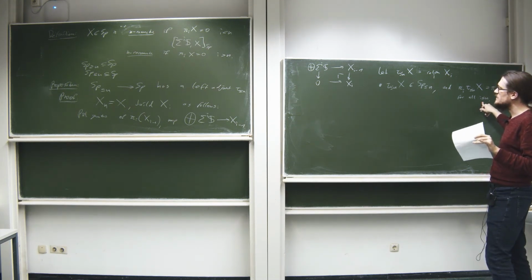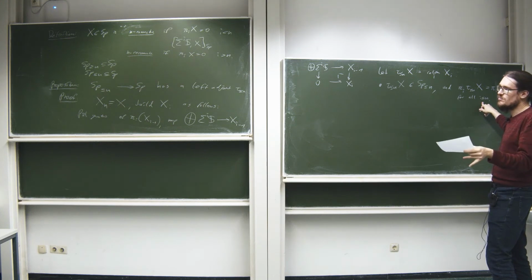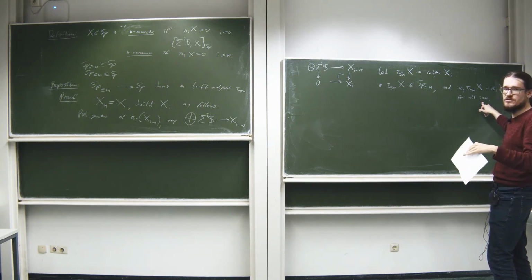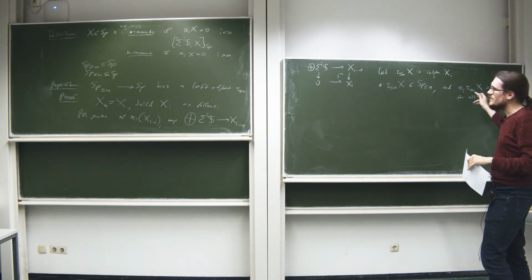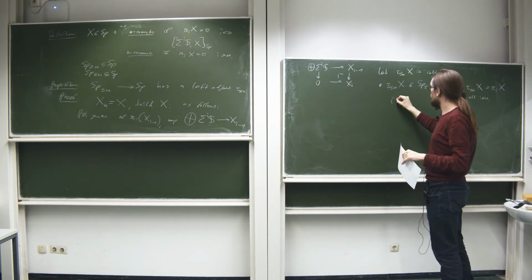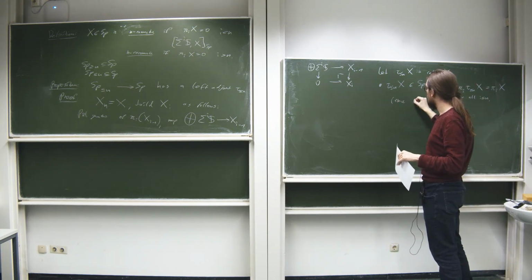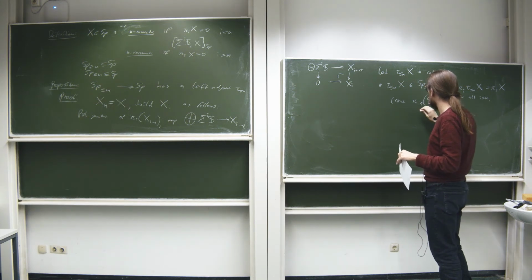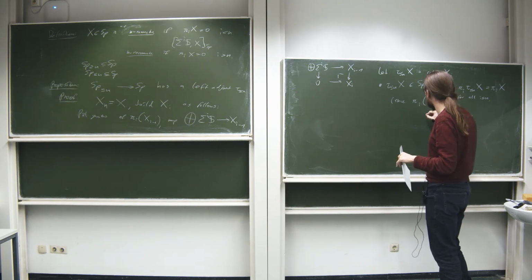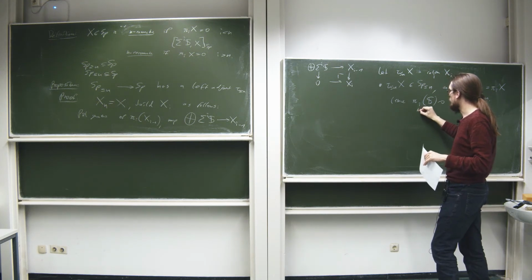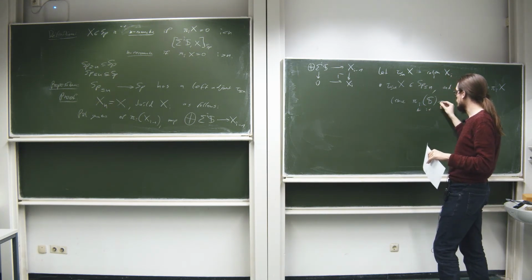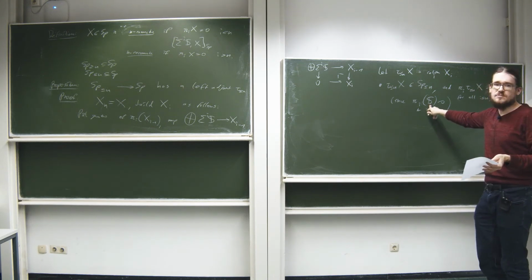In particular, why does the second step not mess up what I achieved in the first step? Well, that's simply due to the fact that pi i of S is 0 for i smaller than 0, for example, since this is a suspension spectrum.